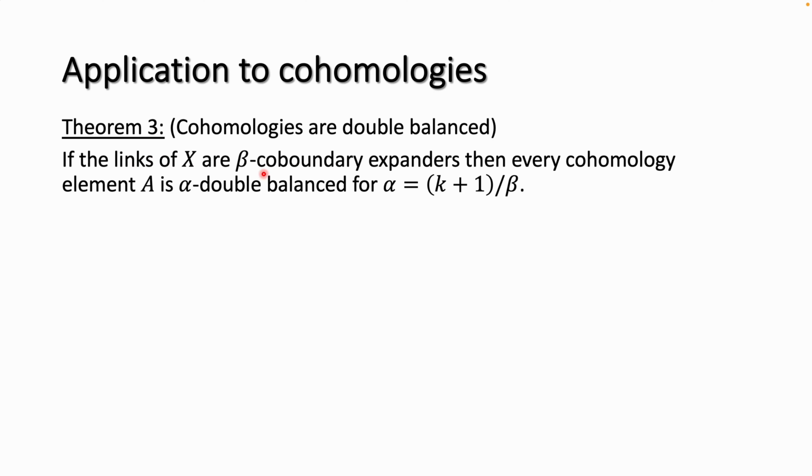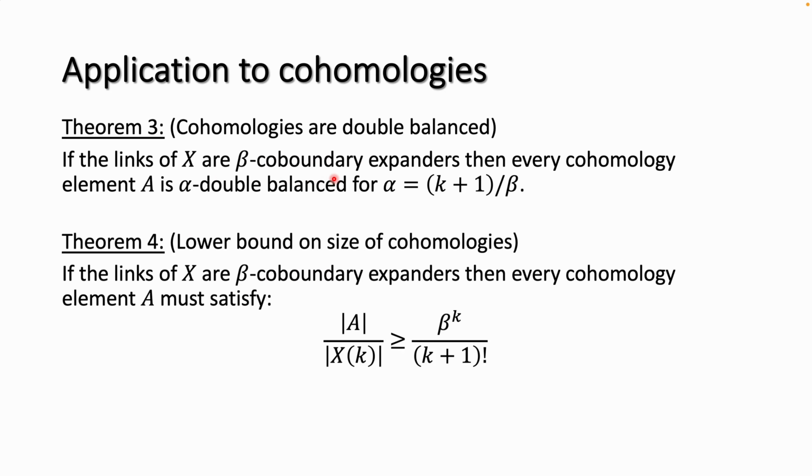Basically, Ramanujan complexes satisfy this property. Their links are beta coboundary expanders. Then every cohomology element A is alpha double balanced, for alpha which equals something related to this expansion in the links.